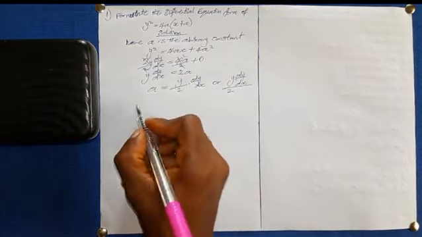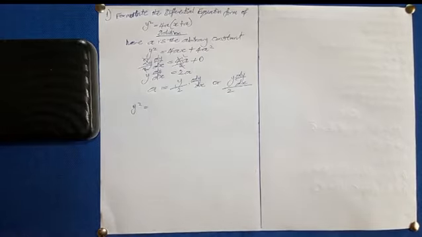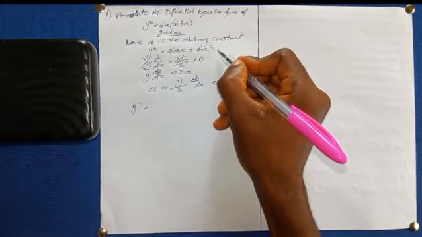So moving forward, we say that y squared is equal to 4. We go back to the first equation, let me say this is equation 1.